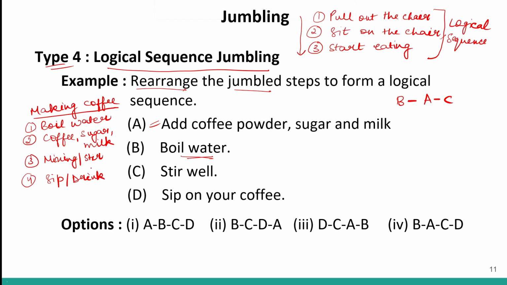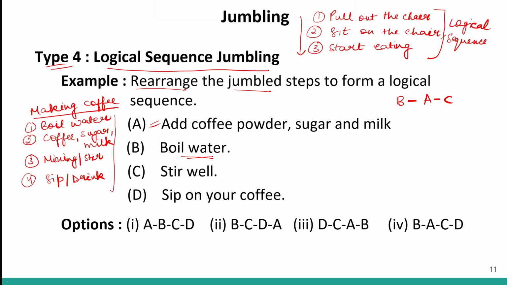Correct? Can I drink it directly after adding the ingredients? No. The stirring step was important. Similarly, can I add boiling water? Can I add coffee, sugar, milk after drinking my coffee? No, because these things have to be added earlier.